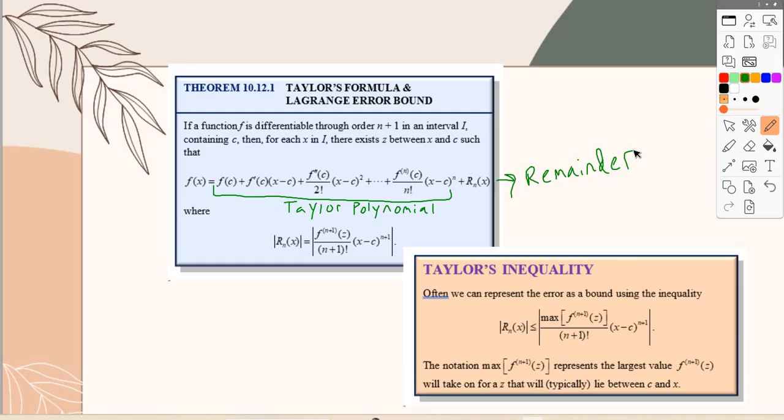Yeah? Okay. So notice this is a very similar idea to what we looked at with our alternating series error: if I'm looking at the nth degree polynomial, what comes next is going to give me my remainder. So notice that my n plus 1 here is the next term.